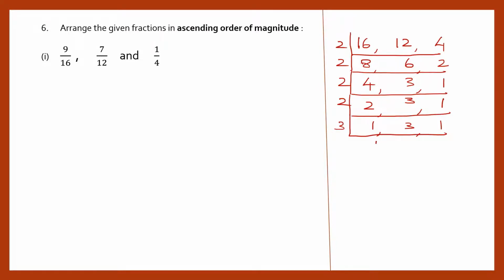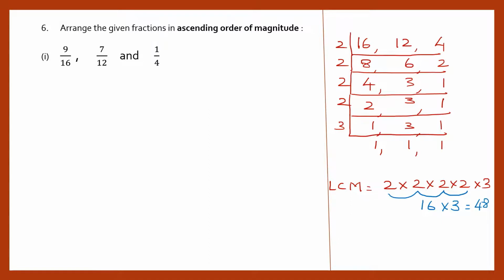Now I use 3, 1, 1 and 1. My LCM is 2 into 2 into 2 into 2 into 3. 2 twos are 4, 4 twos are 8, 8 twos are 16. 16 into 3 is 48.